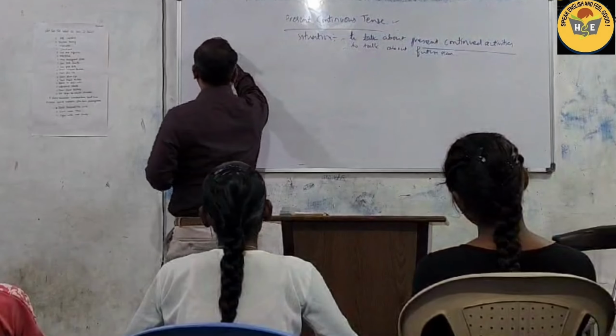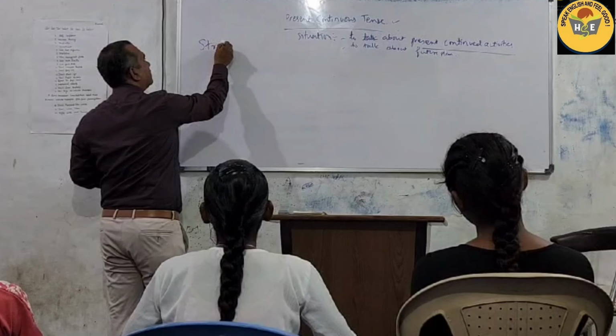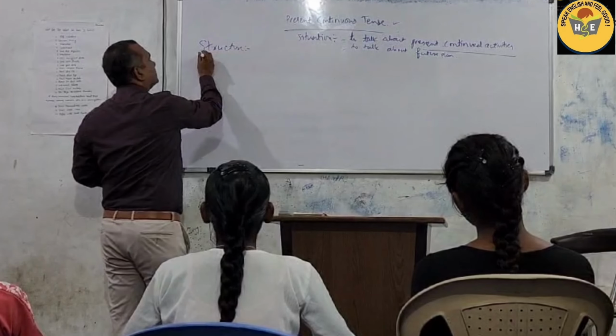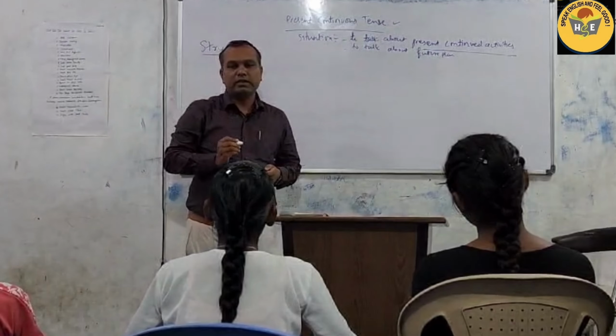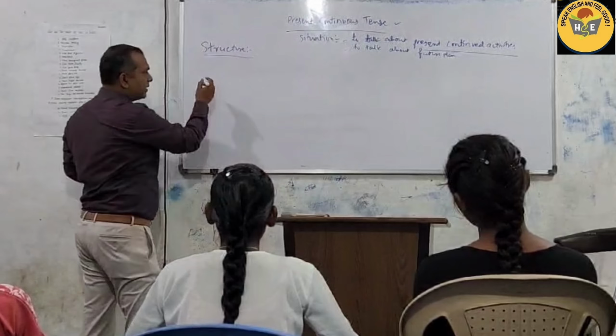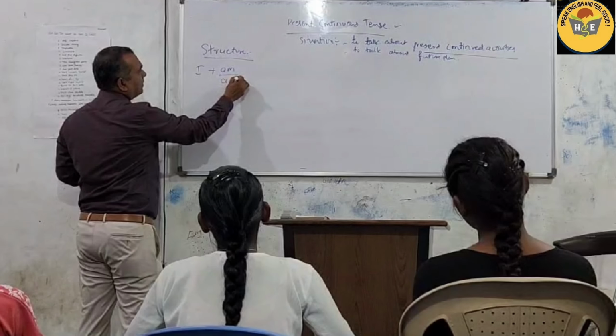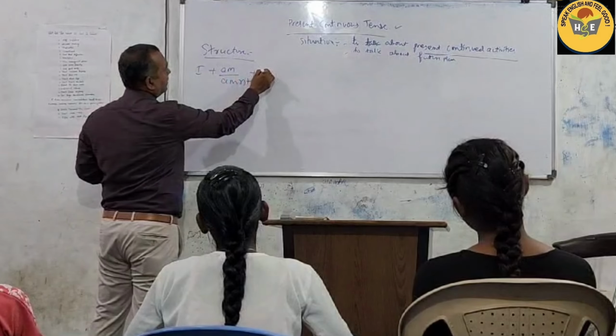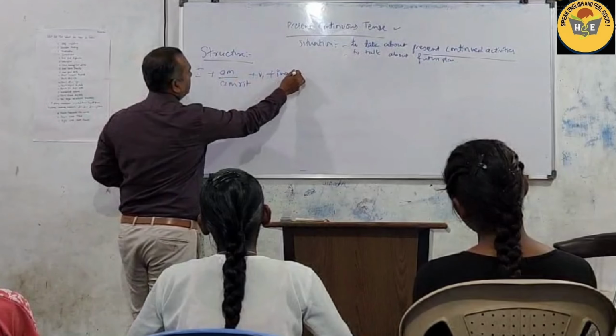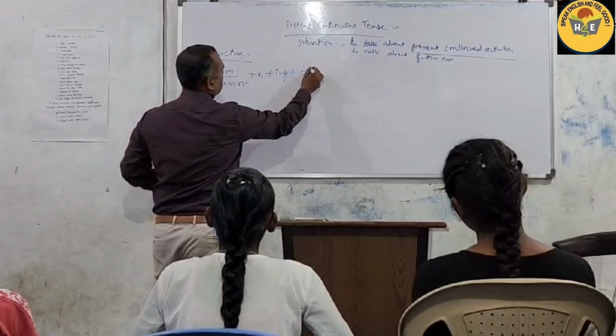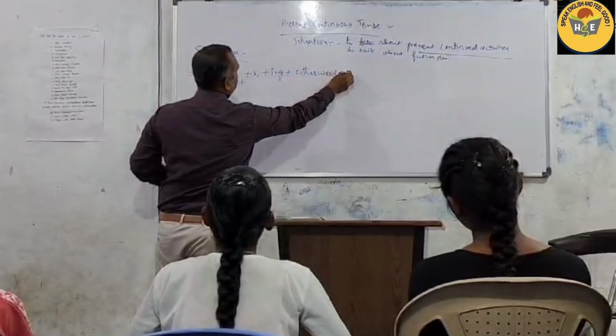Then what about the sentence formation? Structure. Structure means how to make a sentence. Let's take first I: I am, negative am not, verb plus ing plus others. This is one structure.